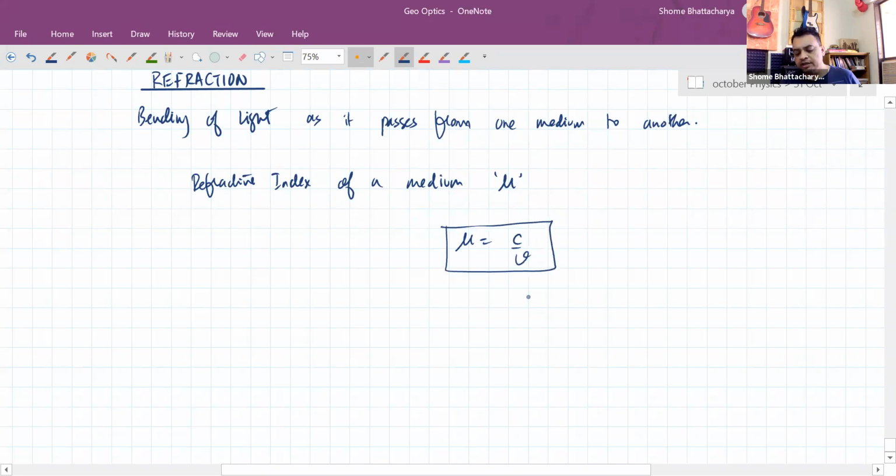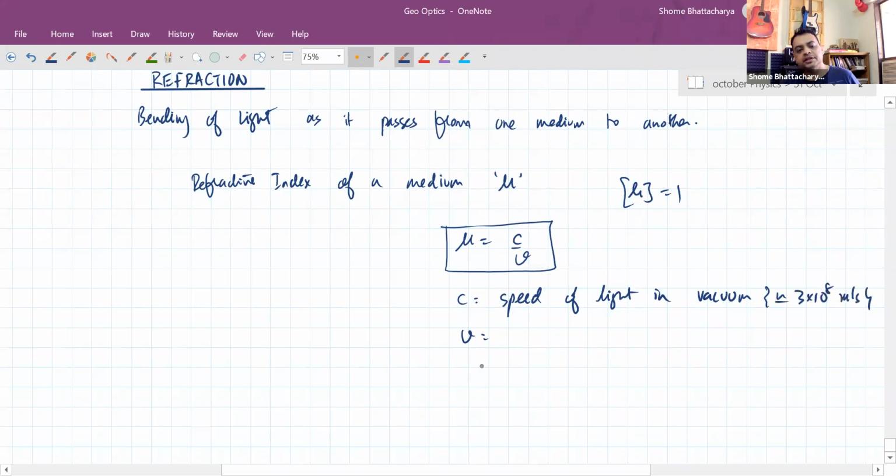So again, you can think of it like an experimentally measured quantity, which is dimensionless. Where C is the speed of light in vacuum, which is approximately 3 into 10 raised to 8 meters per second, and V is the speed of light in the given medium.